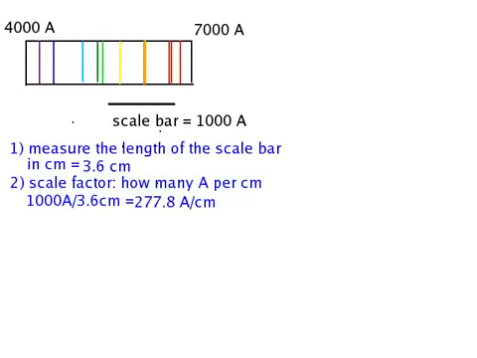Okay, so the third step would be now to measure the distance of each of the lines from the left edge in centimeters and then multiply that by the scale factor to get it in angstroms and then add the 4,000 to it. So step 3, fortunately that doesn't all fit.